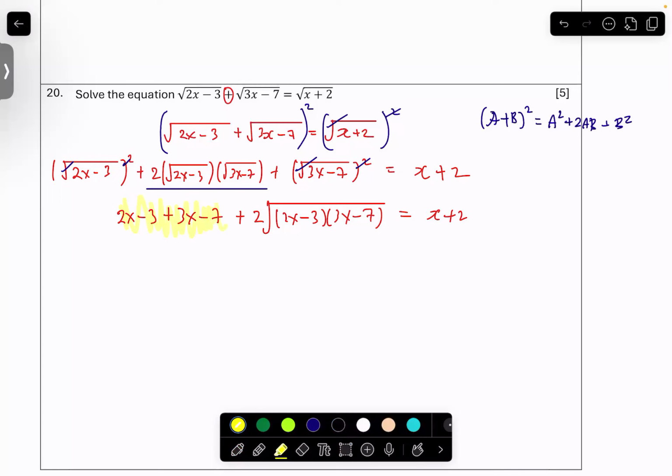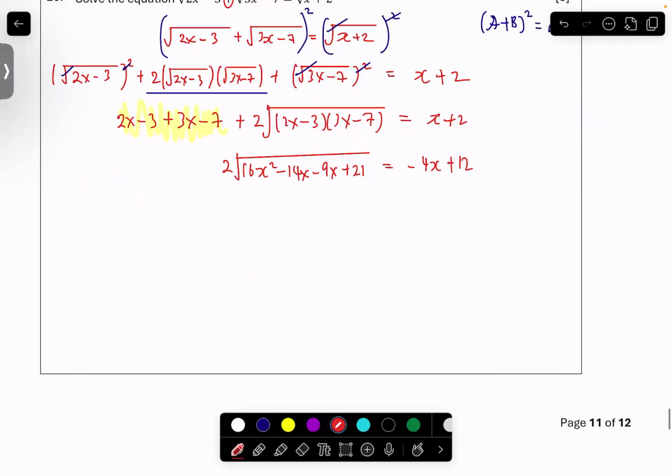Shifting this over, we'll get 2 square root of 6x squared minus 14x minus 9x plus 21 equals negative 4x plus 12.